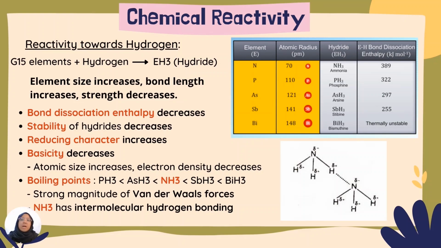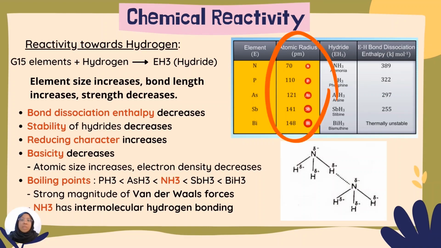Let's take ammonia as an example. As you know, the central atom of ammonia is nitrogen, and nitrogen is very small in size and has a very high electron density. All the electron density is consolidated in a small space. So its electron releasing tendency is at maximum.